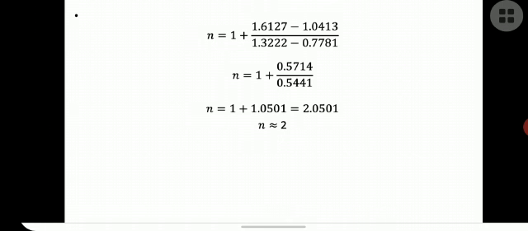Then n is equal to 1 plus, by taking the ratio of these two quantities, we get 1.0501. It is equal to 2.0501. That is, order of the reaction is 2.